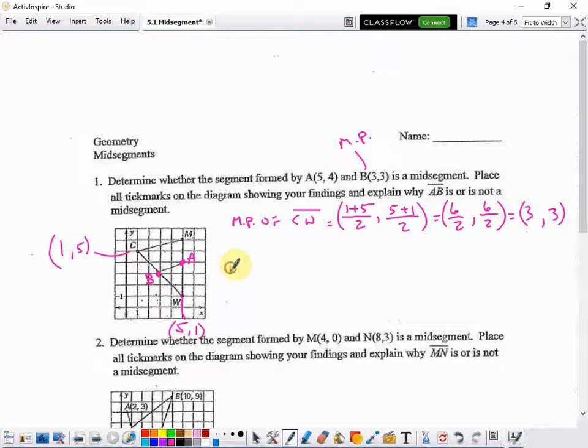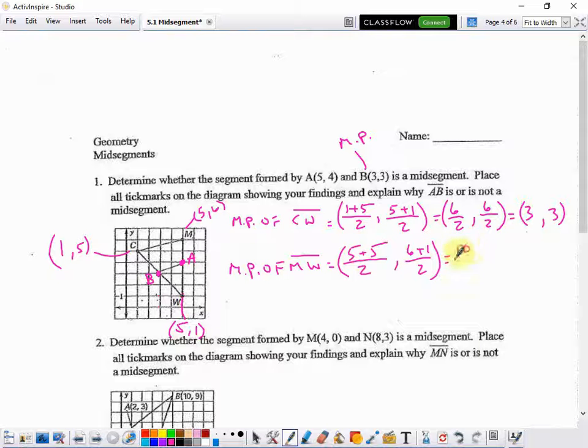Then let's try the midpoint of MW. Point M is over 5 and up 6. So the midpoint of MW, 5 plus 5 over 2, and then 6 plus 1 over 2.